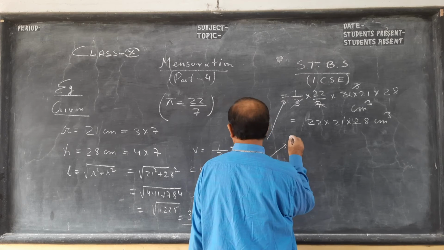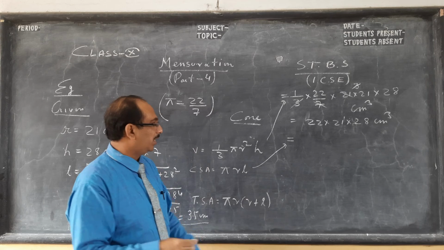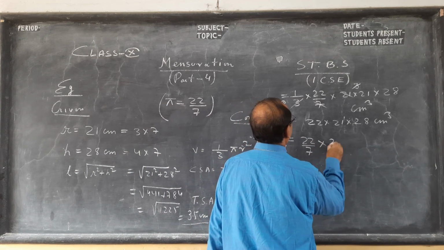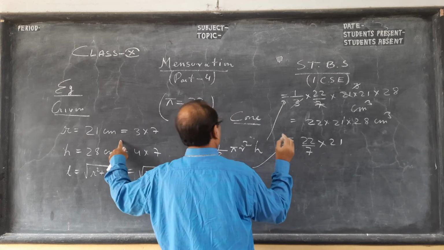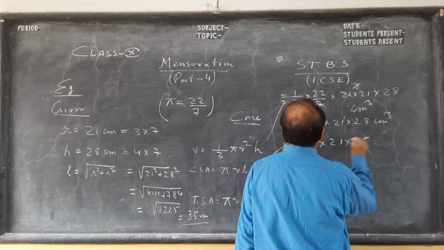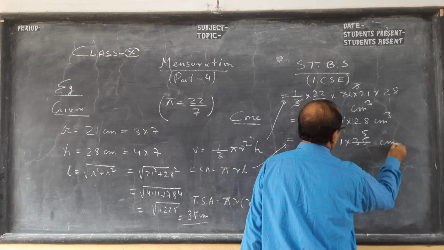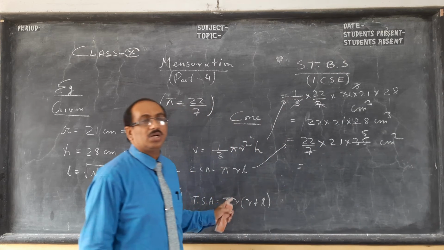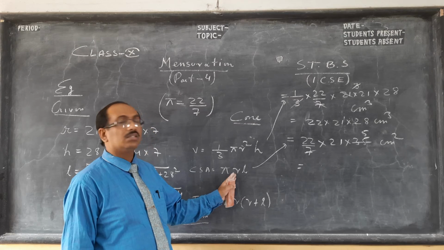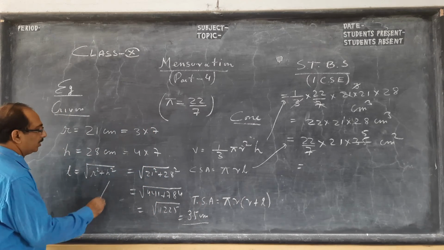Now the second thing, children, is curved surface area, pi r L. So pi is 22 by 7, r is 21, and slant height we have got 35. So 7 5s are 35, unit will be centimeter square. These two are areas, children. Once more, pi r into L, the slant height of the cone.